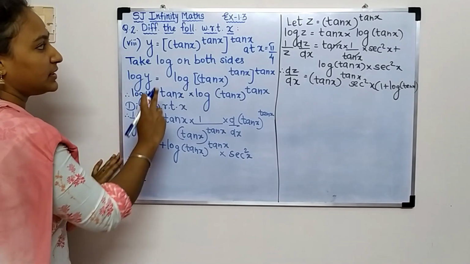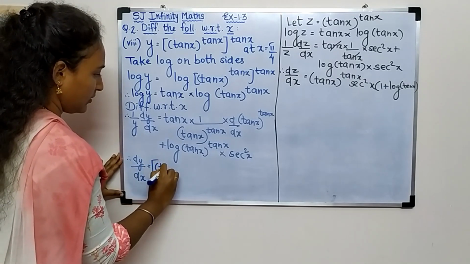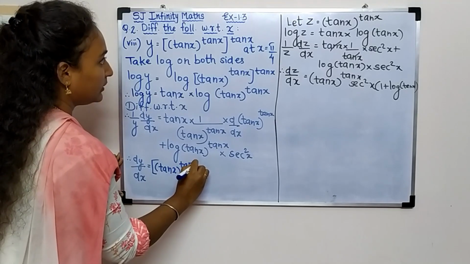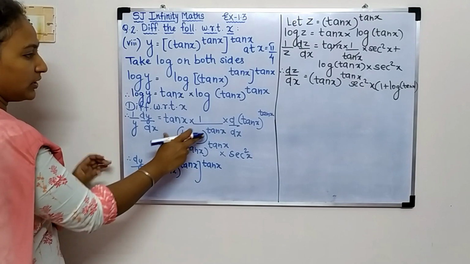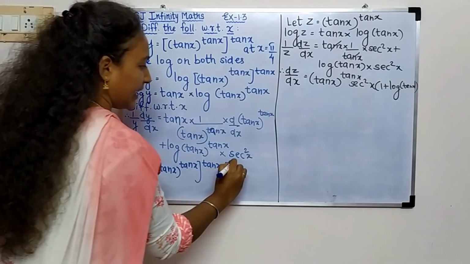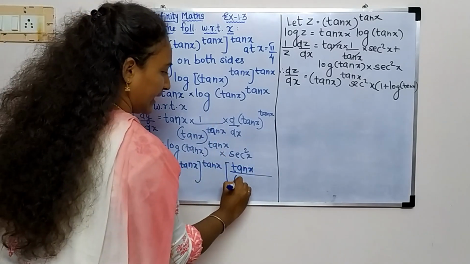So write your y first. That is tan x raised to tan x raised to tan x. Then your function, so we get tan x upon tan x raised to tan x.